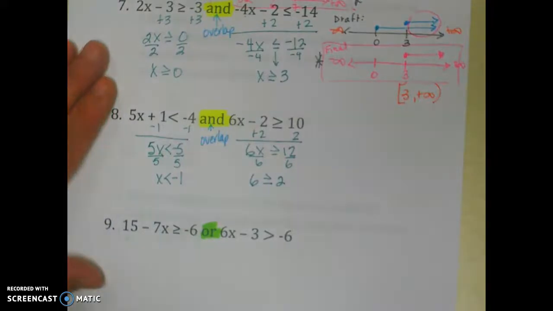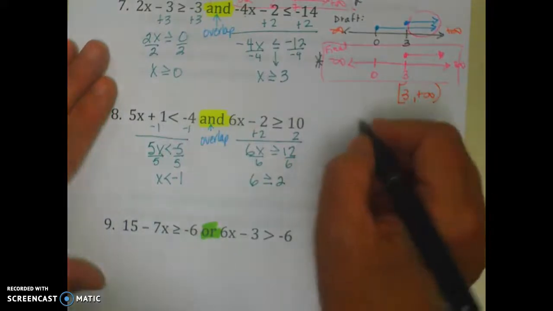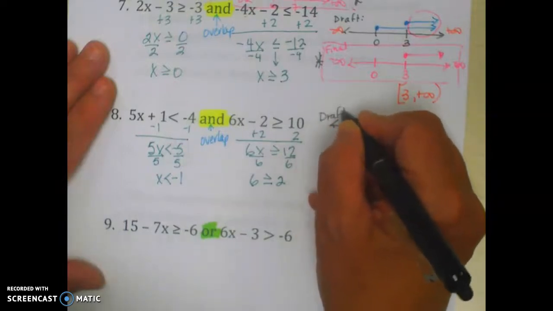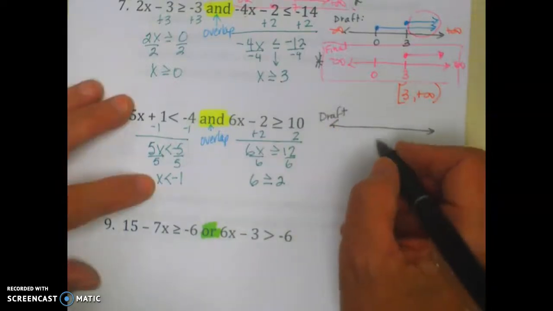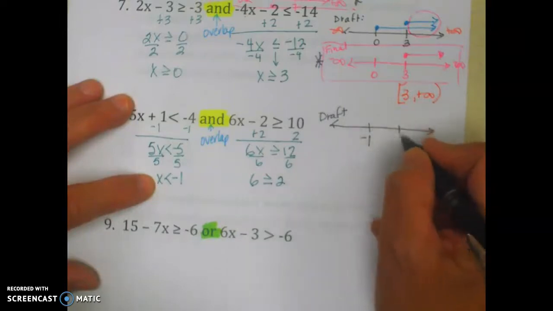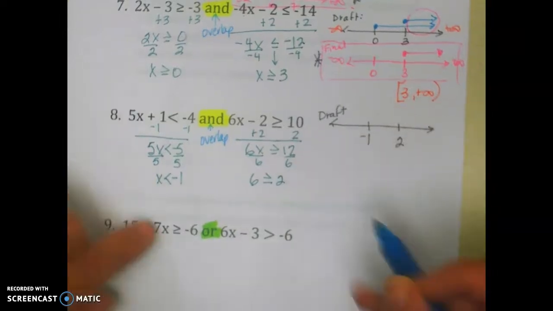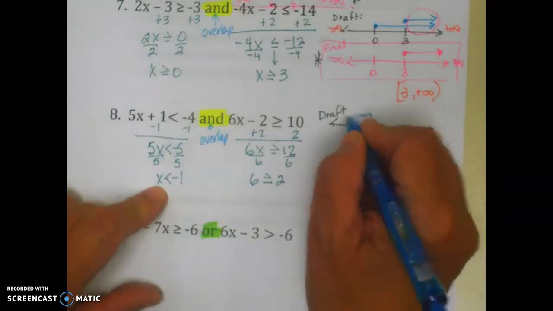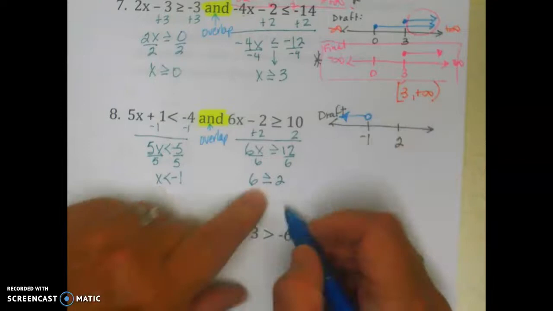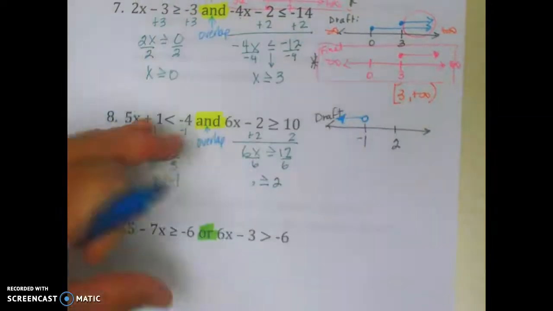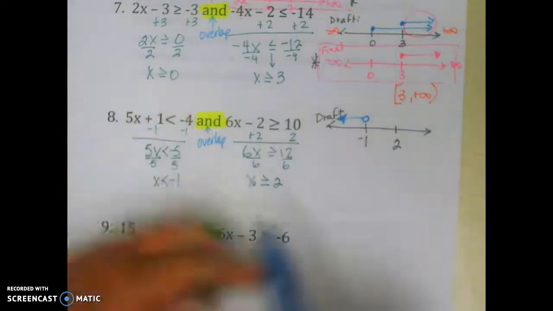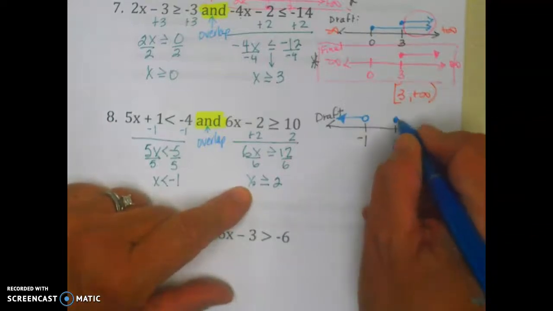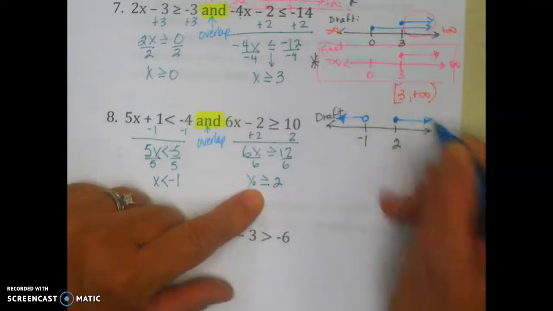Okay, so on my draft, I have negative 1 and a positive 2. On this one, it's less than negative 1, so I have an open circle on the negative 1, and it's pointing to the left. Oops, that's not a 6, that's supposed to be an x. On this one, x is greater than or equal to 2, so it's a closed circle because it's greater than or equal to, and this one's pointing to the right, so it's going to go out to the right.